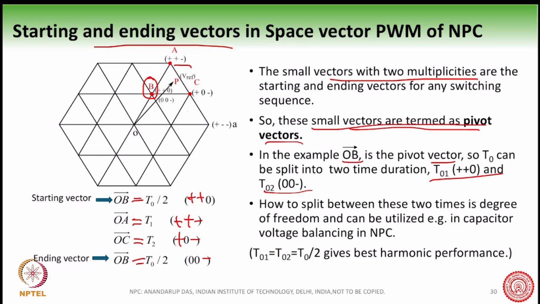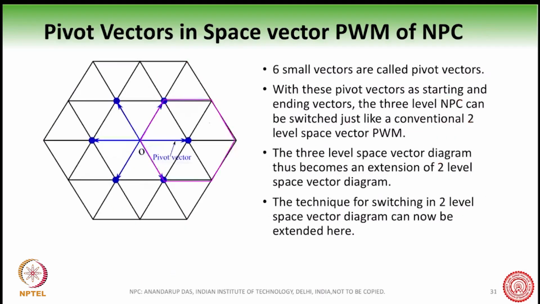Generally what we do is we split the starting and ending vectors into T0 by 2 and T0 by 2. It gives the best harmonic performance, but other types are also possible, and you can refer to some of the literature on how these other types are possible.